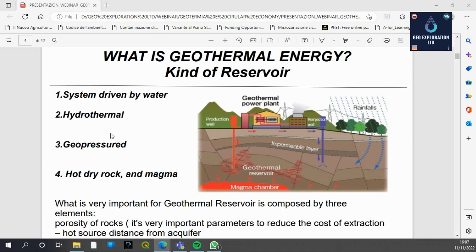For example, all the Latium region can be a high potential reservoir for geothermal energy, because in the first geological settings they have magmatite, and then in the internal part deposited carbonate rocks.